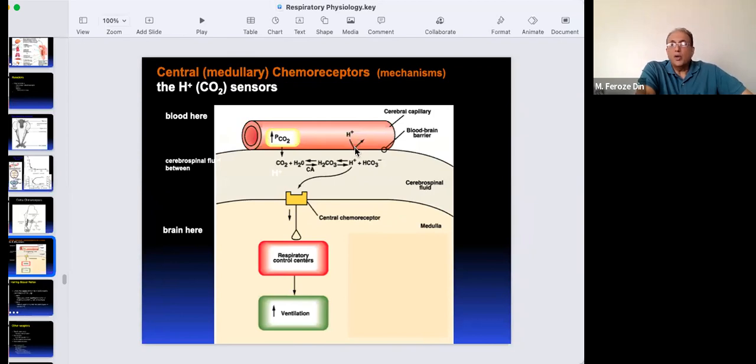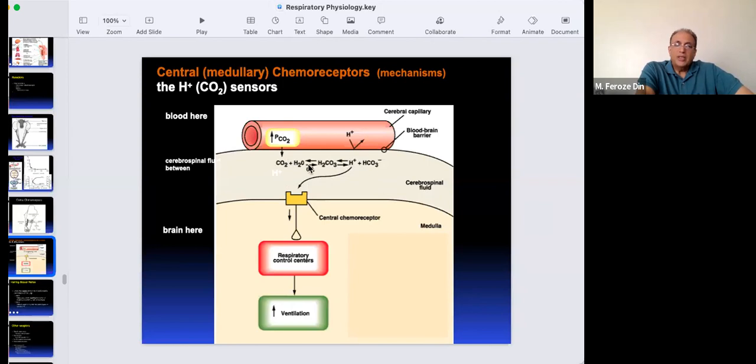H plus ion cannot penetrate the blood-brain barrier, but carbon dioxide, being much more soluble, can diffuse across, as can oxygen. But carbon dioxide then is changed by carbonic anhydrase. There's a special extracellular carbonic anhydrase, which is in cerebrospinal fluid, which converts this to carbonic acid. Carbonic acid then splits to H plus and bicarbonate. And it is this H plus which goes and stimulates the central chemoreceptor.